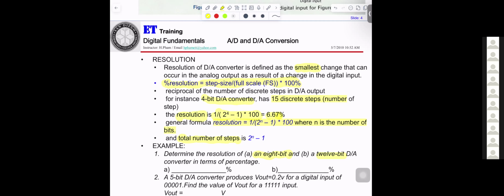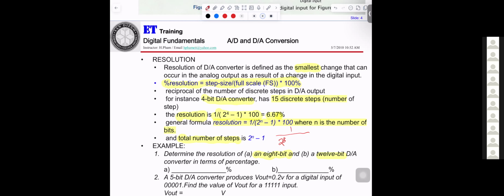You know how to calculate it? I tell you, 1 over 2 to what power? 8. I'm talking about A, 8-bit.